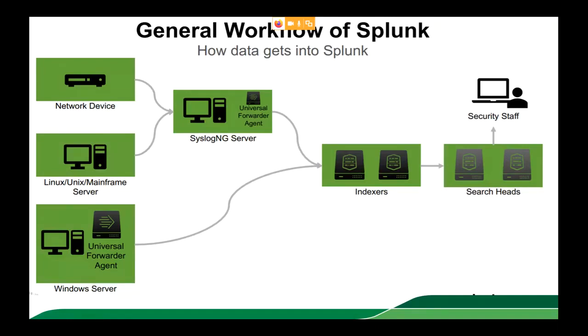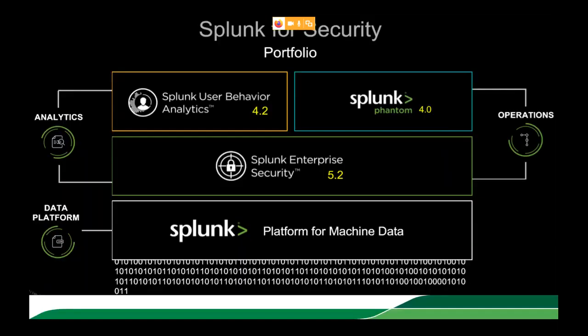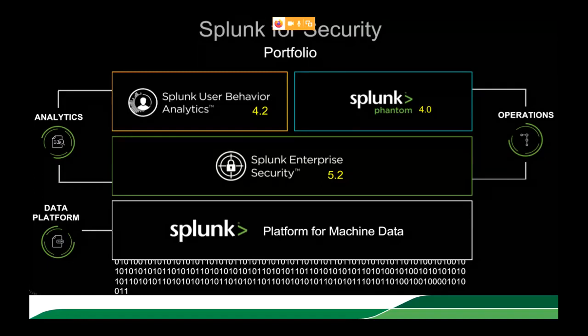Okay, so it is a differentiator between Splunk and other analytic solutions. Schema on the fly. And it's a real-time architecture. So we'll go to the introduction of Splunk Enterprise Security.